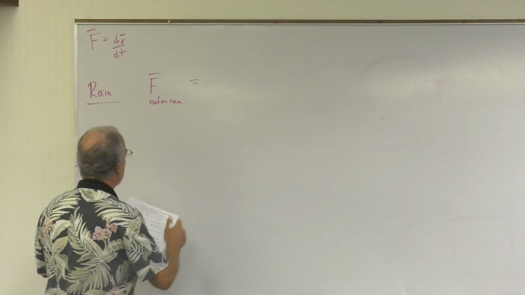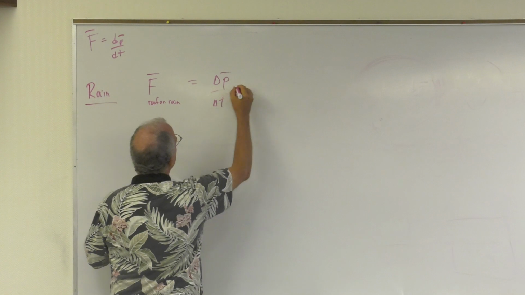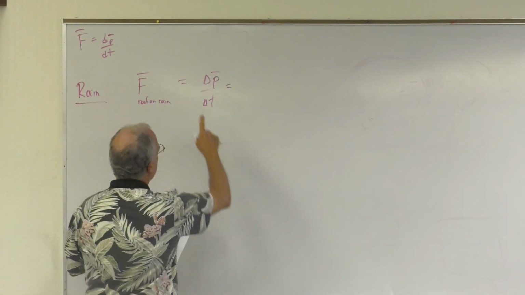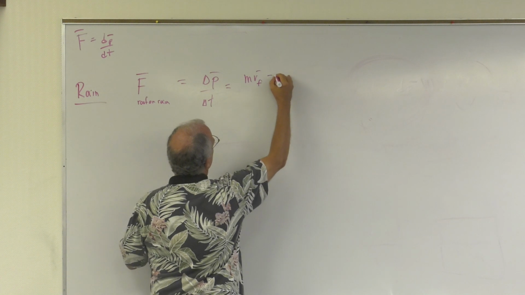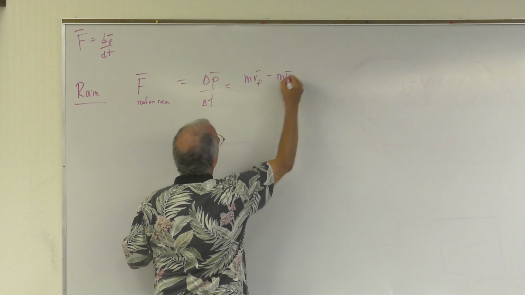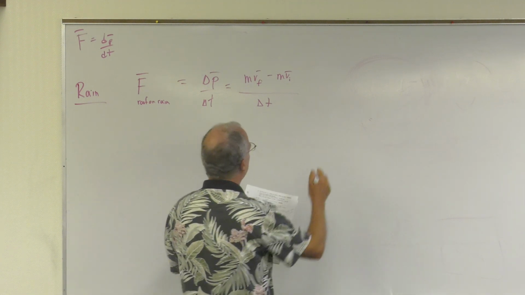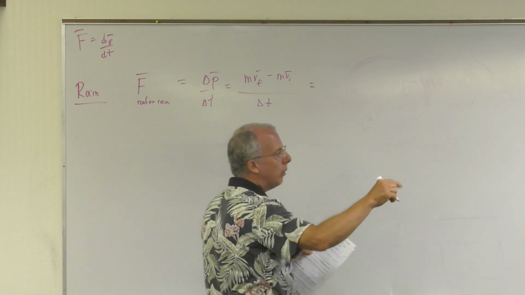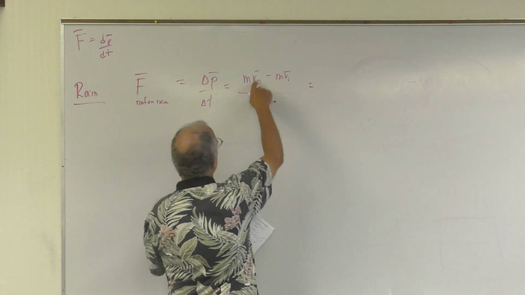All right. So again, that's equal to dP over dT, or delta P over delta T. And delta P is P final, which is mV final, minus P initial, which is mV initial, over delta T. Now, for rain, we're saying it splatters. There's no V final, so this is 0.